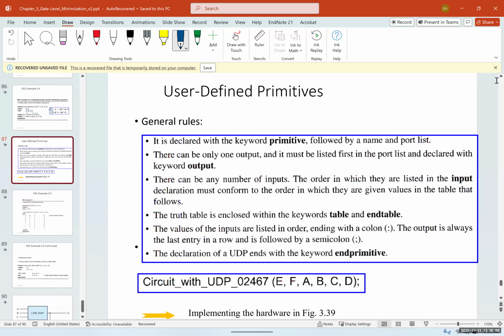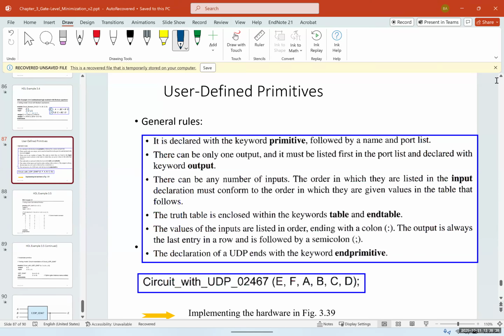The truth table is enclosed with the keywords table and end table. The values of the inputs are listed in order, ending with a colon. The output is always the last entry in a row and is followed by a semicolon.